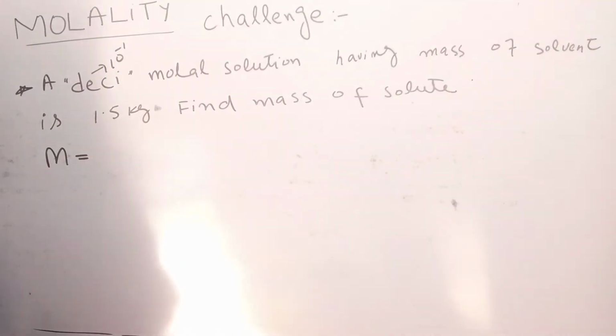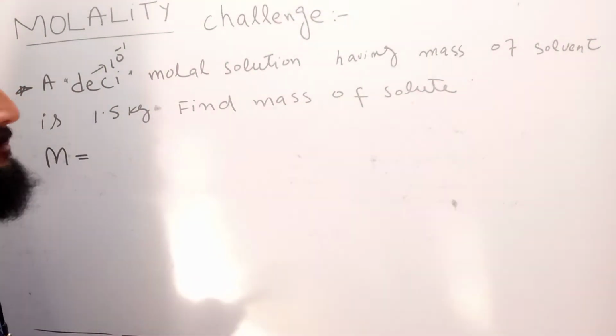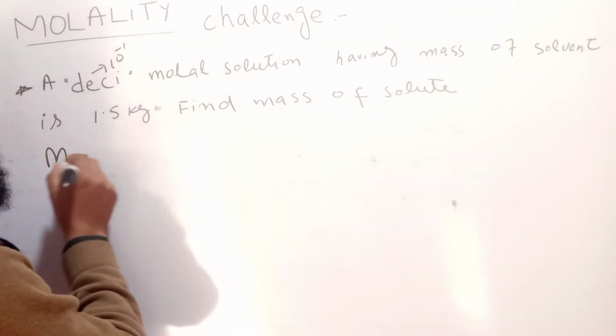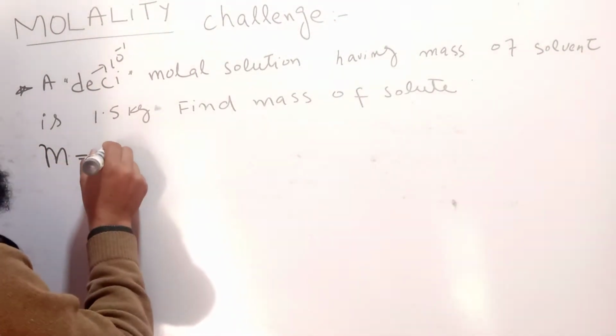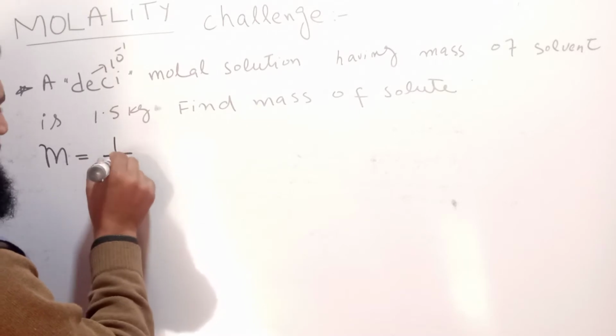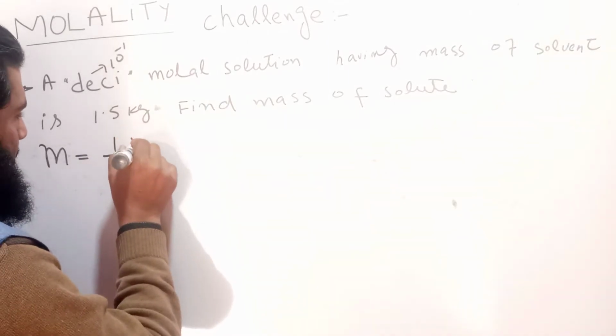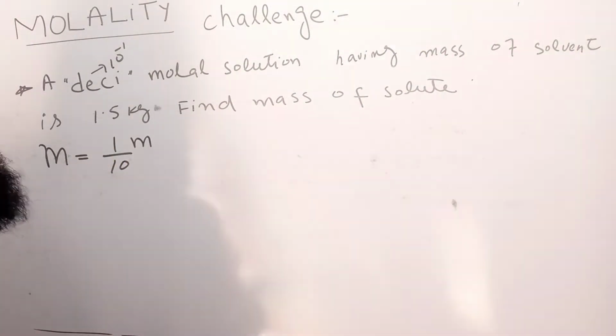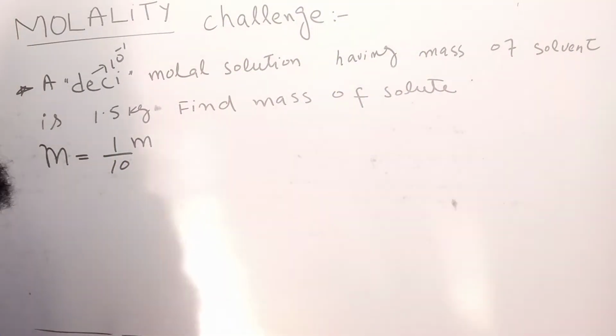So a decimolar solution, here the molality is 1 by 10. Clear? Here the molality is equal to 1 by 10. Okay.